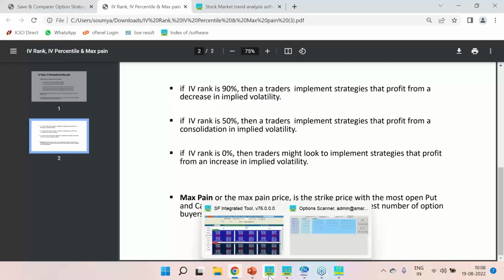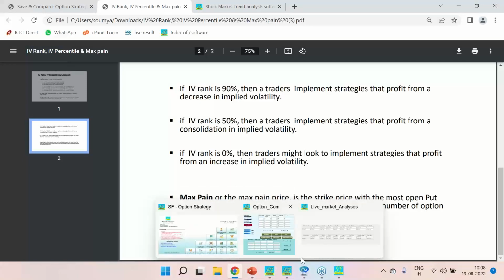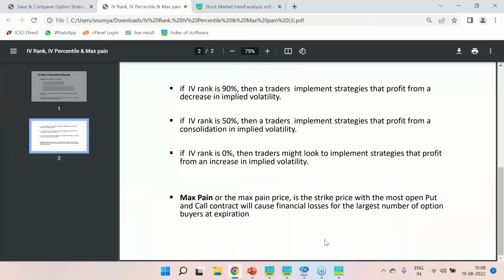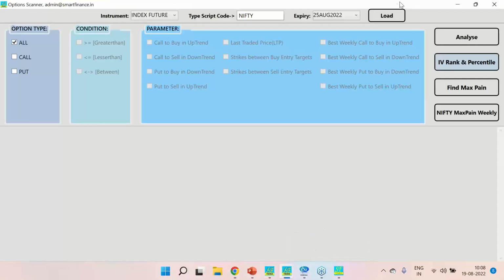IV rank and IV percentile are forward indicators, and they are very powerful, more than 1,000 times more powerful than your option chain study. So you can look into this and take an appropriate call whether to go with long straddles, long strangles, or short straddles and short strangles. This will give you very handy information, so it is very important to see that.